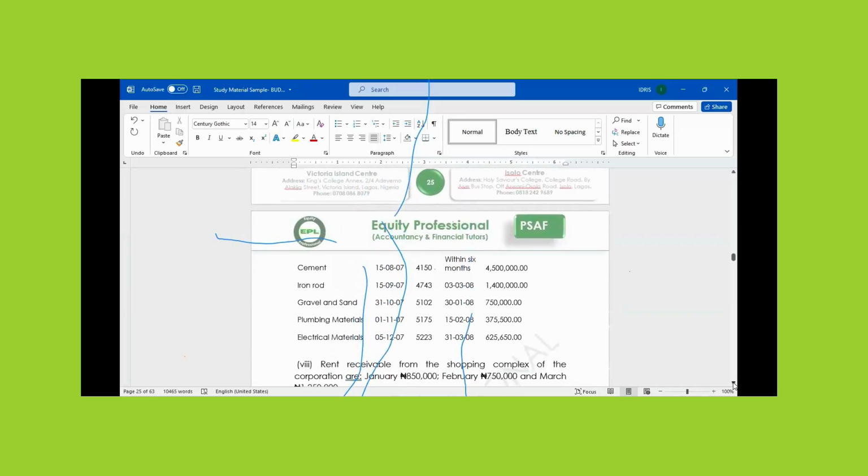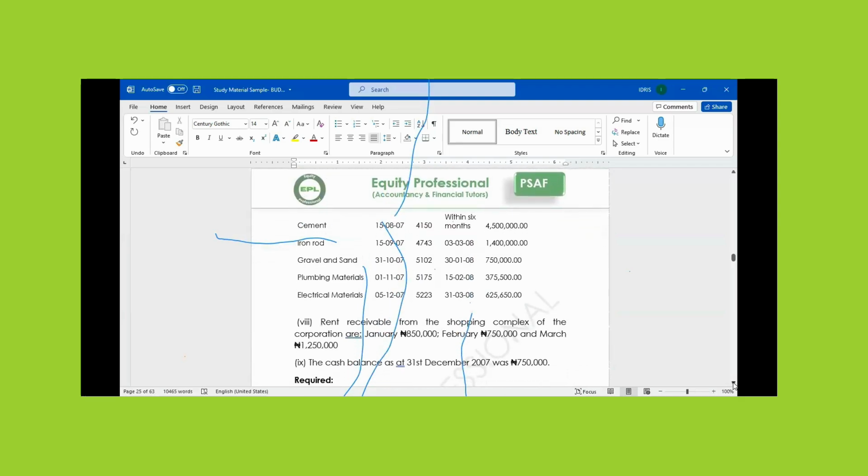Rent receivable from the shopping complex of the corporation are January 850,000 naira, February 750,000 naira, and March 1,250,000 naira. The cash balance as at 31st December 2007 was 750,000 naira.